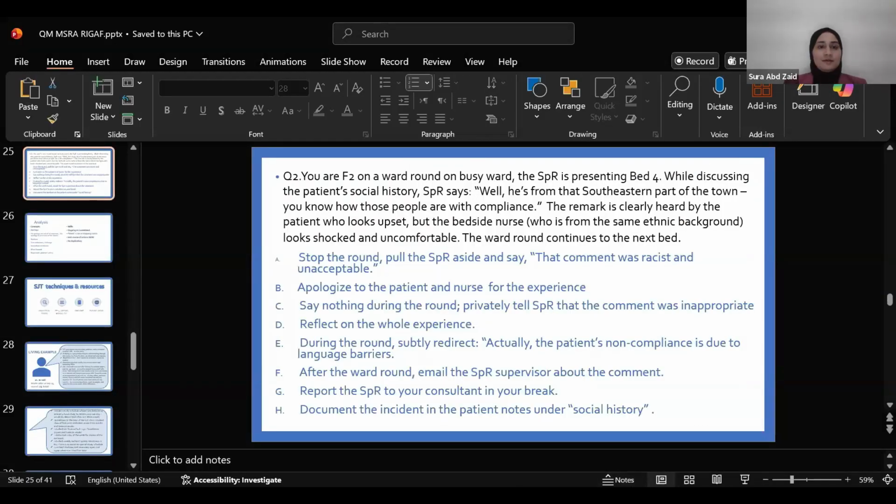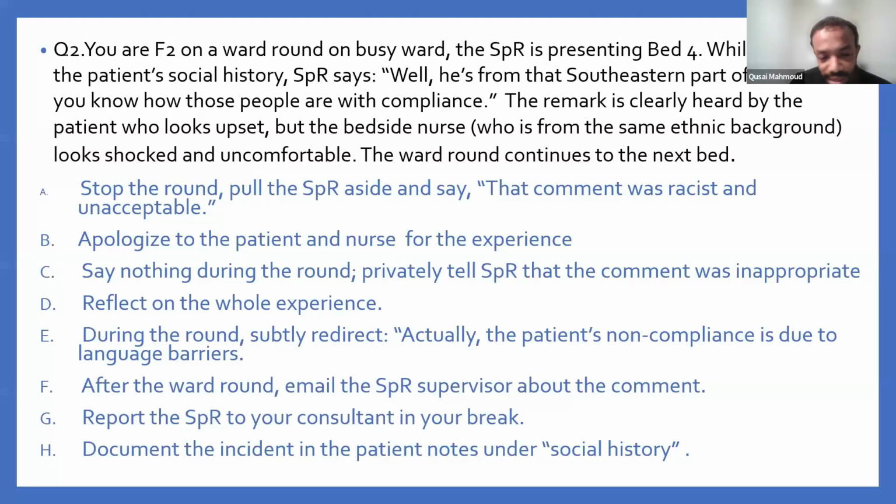Oh, yeah. Thank you. That's a good question. Again, I've missed something very important. Now, you have to understand that in a question like 3 best of 8, the only way to score 12 out of 12 is to know why every single answer is incorrect. This is the only concrete way. So we have learned A is unsafe. I cannot stop the ward round. This is patient care. B is very unprofessional and illegal.